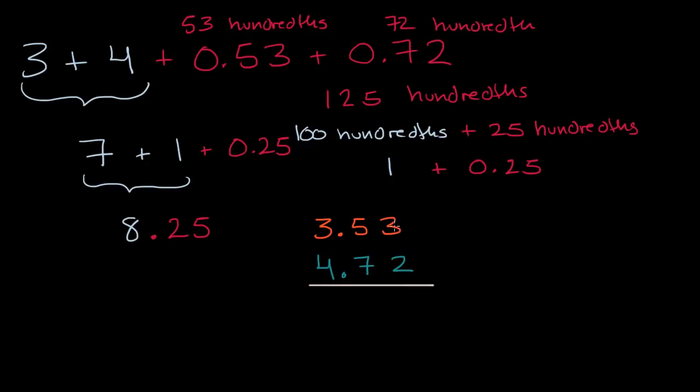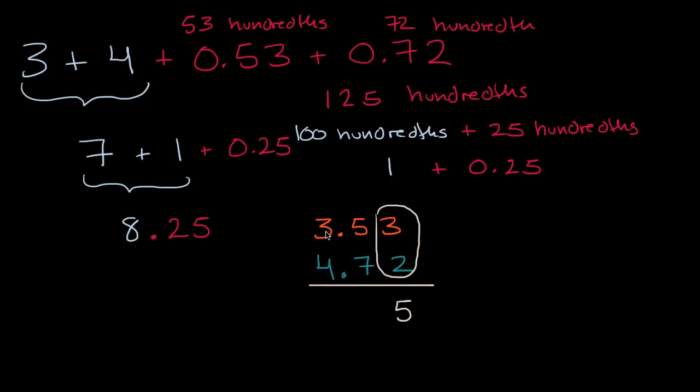But you could say, all right, I have 3 hundredths plus 2 hundredths. So I'm adding in the hundredths place. So 3 hundredths plus 2 hundredths is 5 hundredths. And then you could say, okay, then I have 50 hundredths plus 70 hundredths, which I did over here. Or you could view this as 5 tenths plus 7 tenths. And 5 tenths and 7 tenths is going to be equal to 12 tenths.